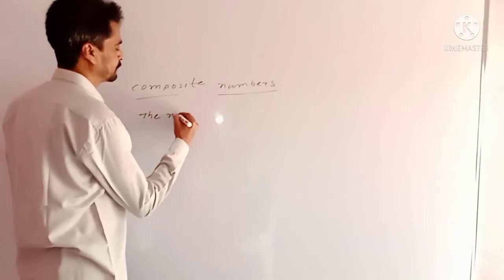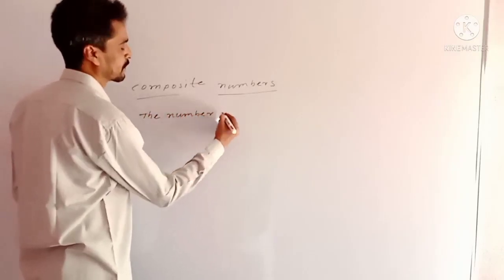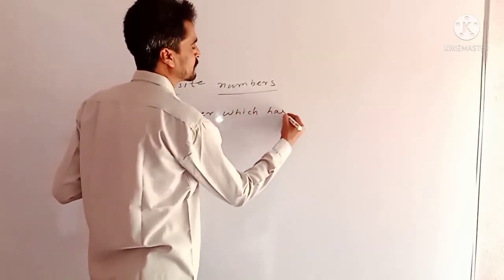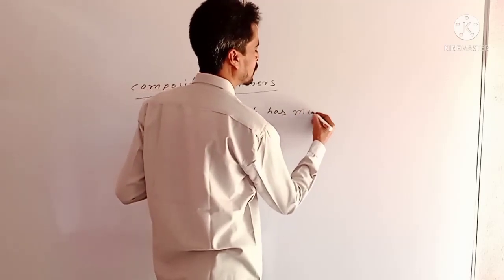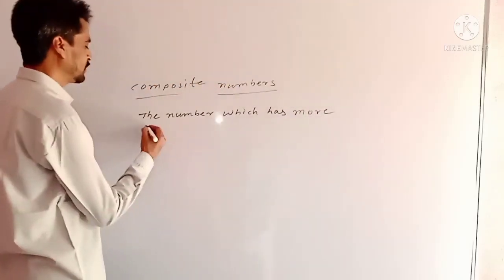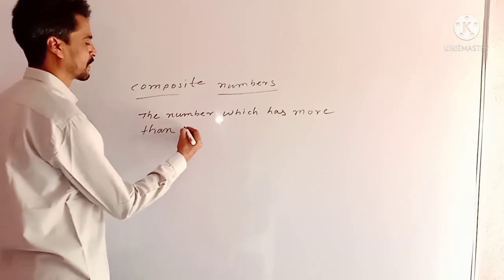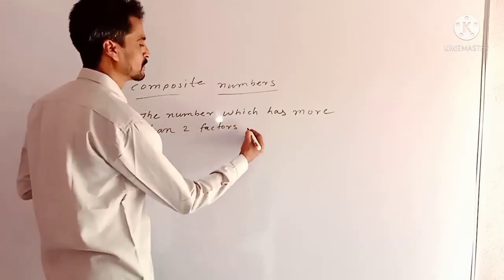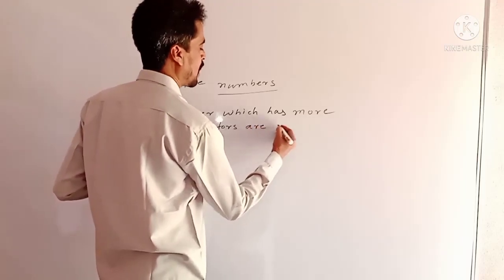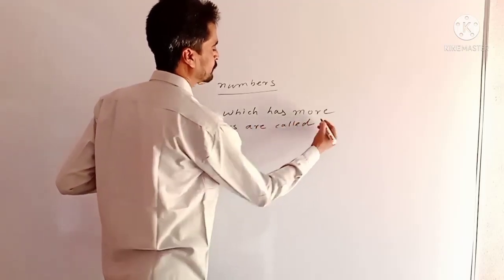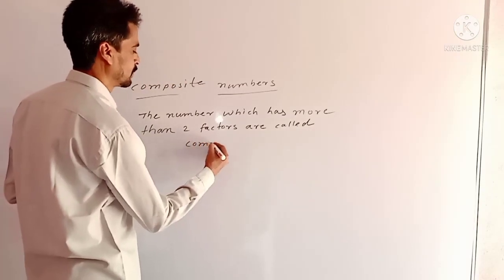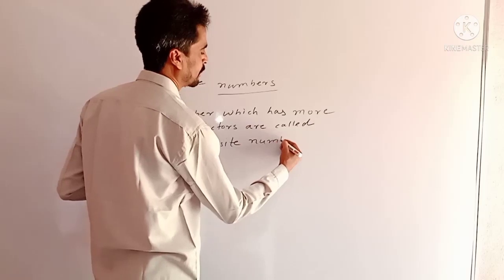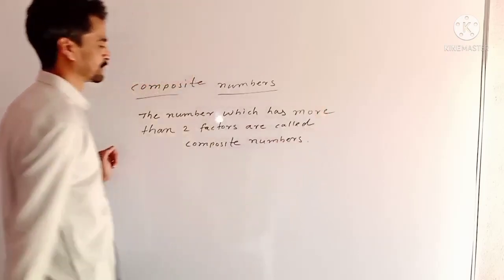The number which has more than two factors is called a composite number.